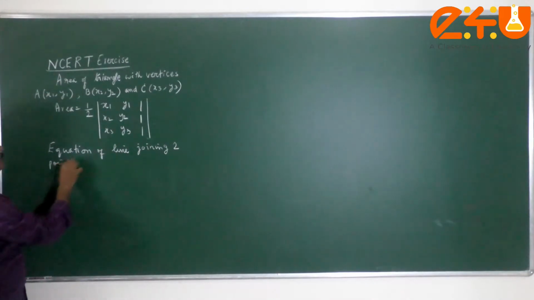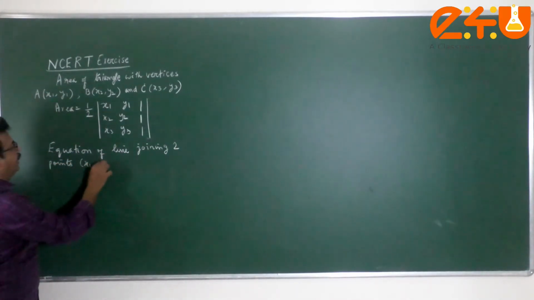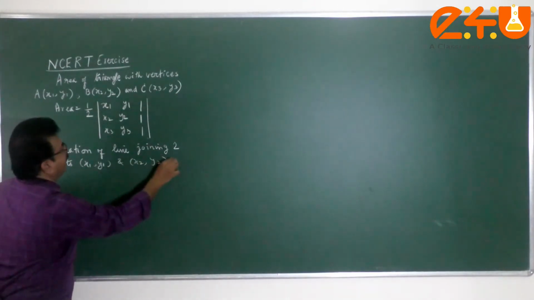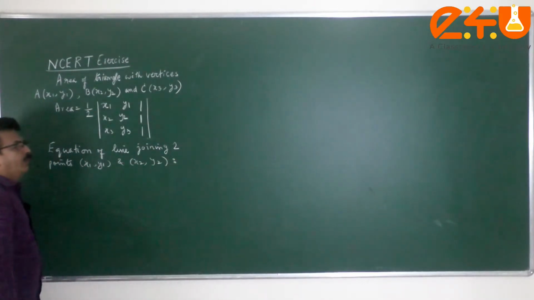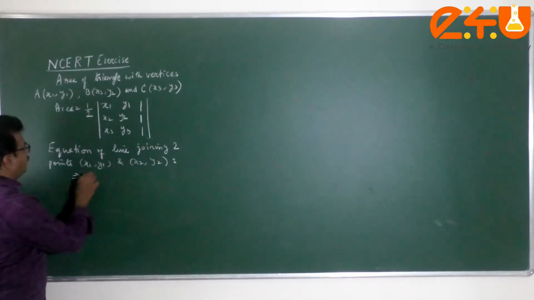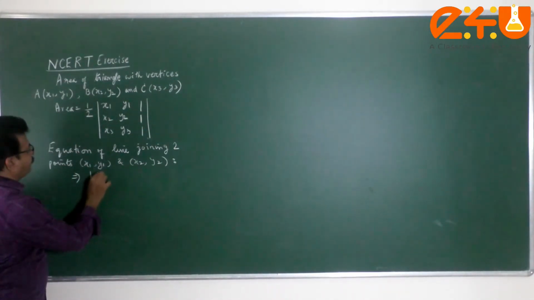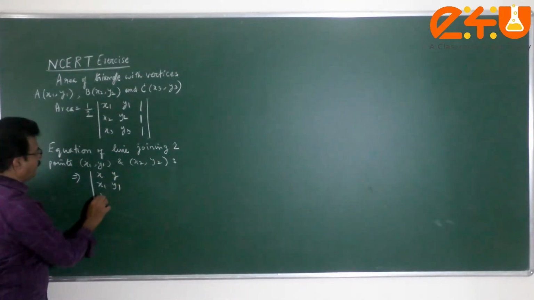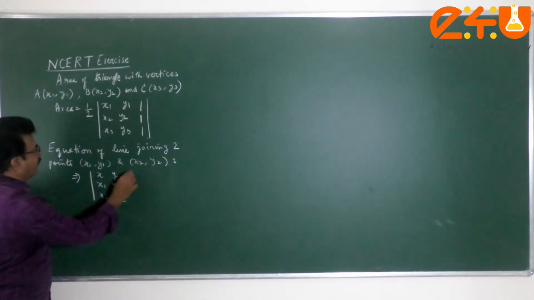So if you assume the 2 points are x1, y1 and x2, y2, we already have learnt a formula in the straight lines chapter. So here the procedure will be: first row is x, y, second row x1, y1, third row x2, y2.